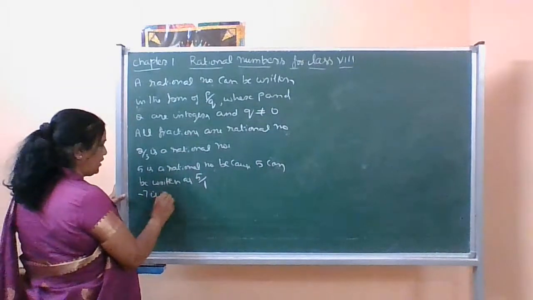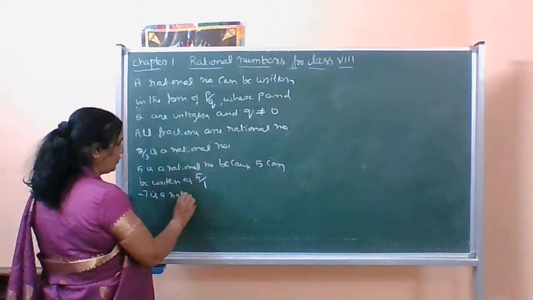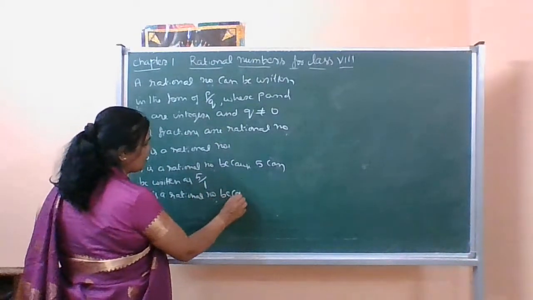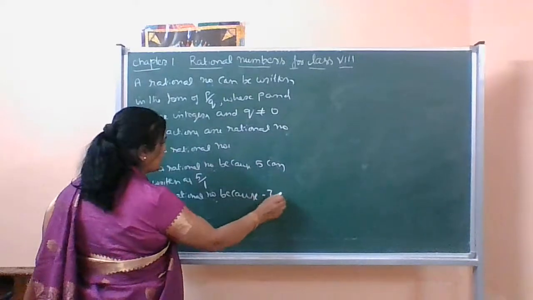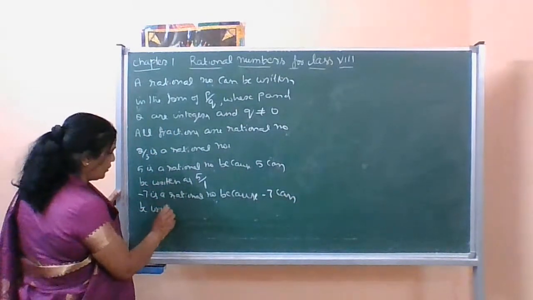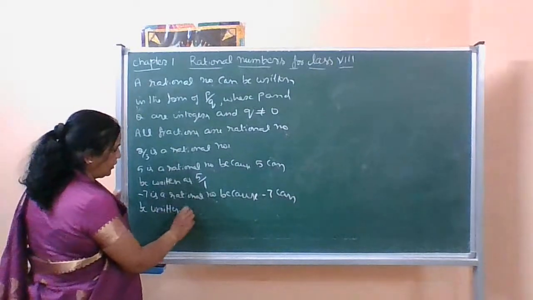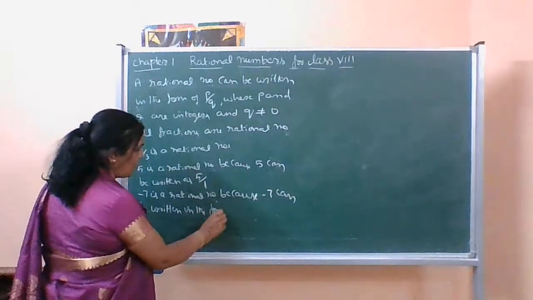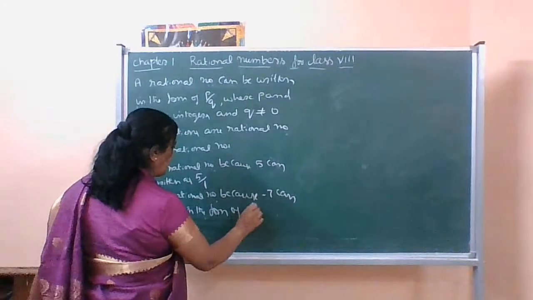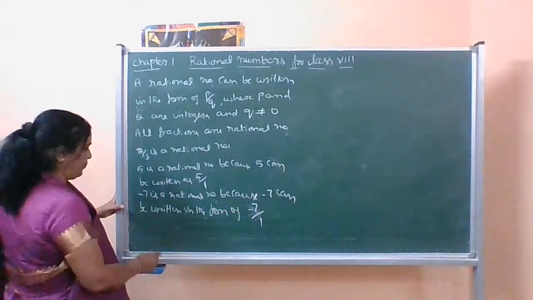Minus 7 is a rational number because minus 7 can be written in the form of P by Q, in the form of minus 7 by 1.